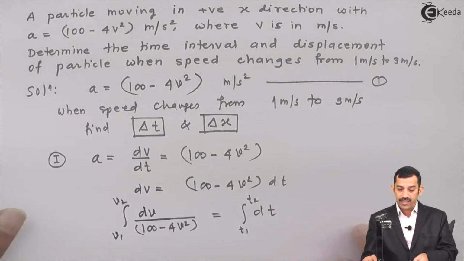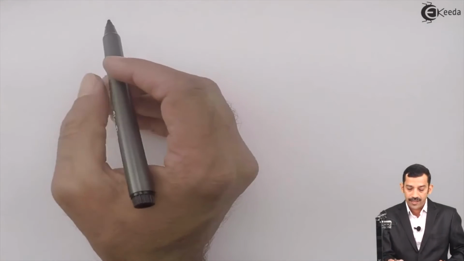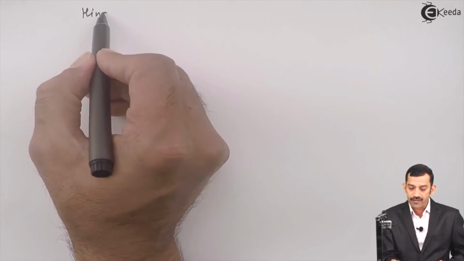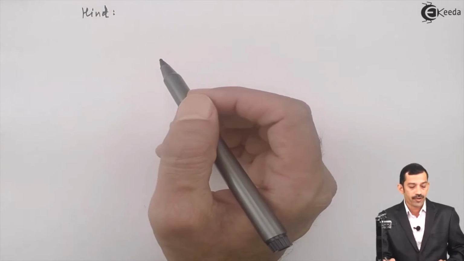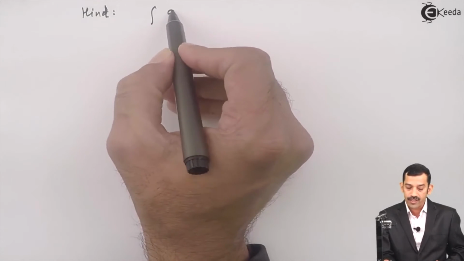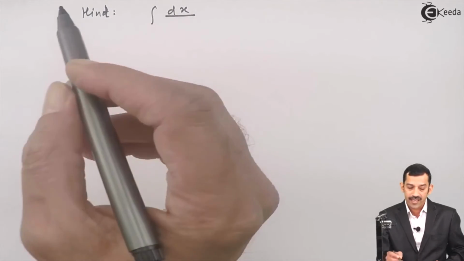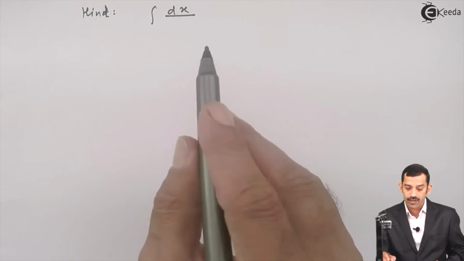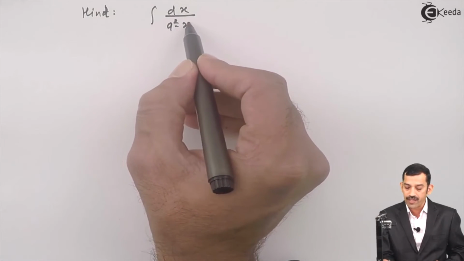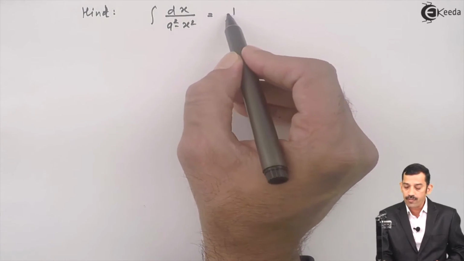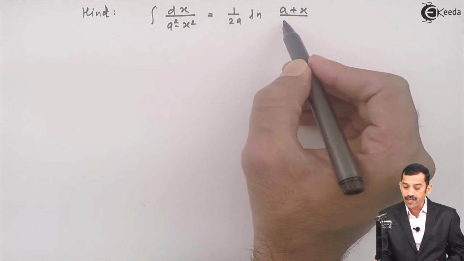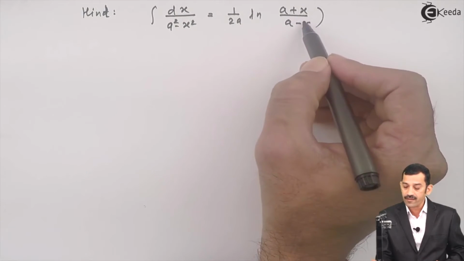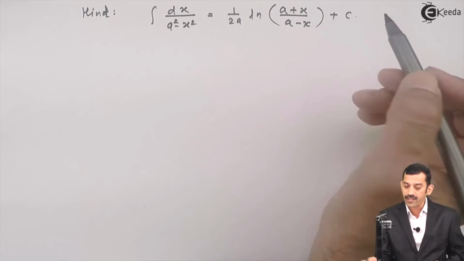To solve this integral, you must know a formula from mathematics: integral of dx upon a square minus x square is 1 upon 2a log of a plus x divided by a minus x, plus some constant of integration.